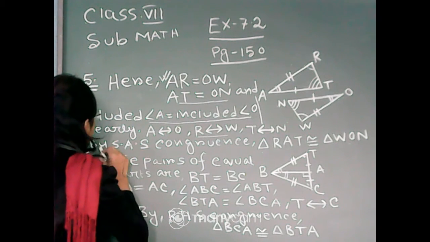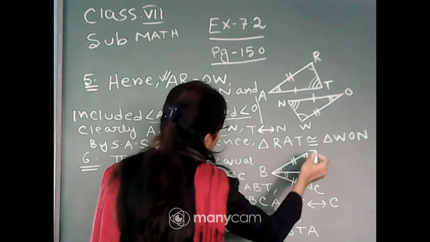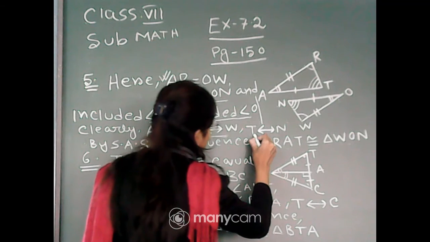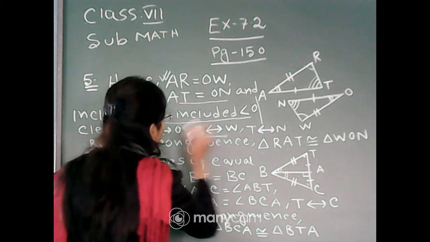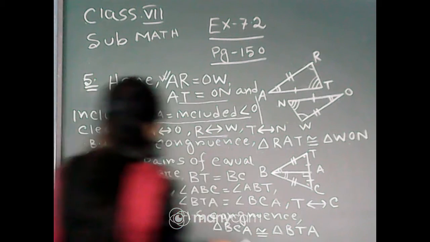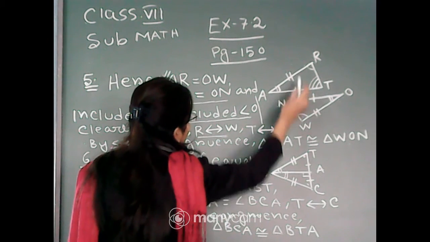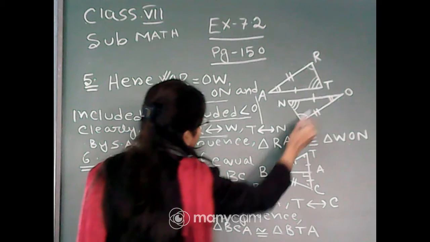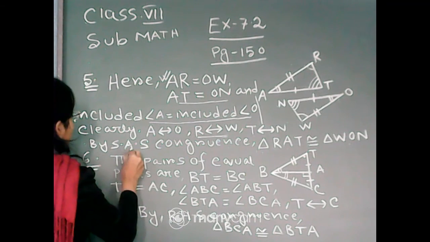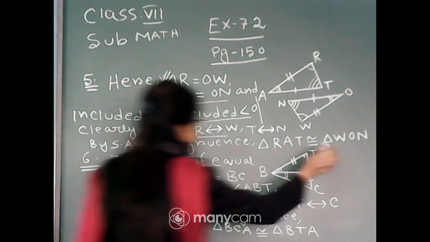So, by SAS congruence criterion, triangle RAT is congruent to triangle WON, since R corresponds to W, T corresponds to N and A corresponds to O.